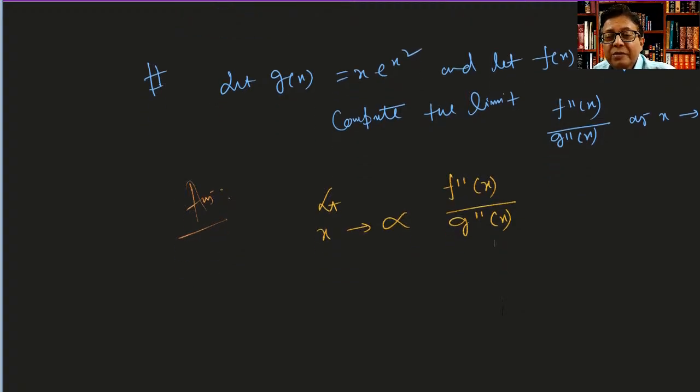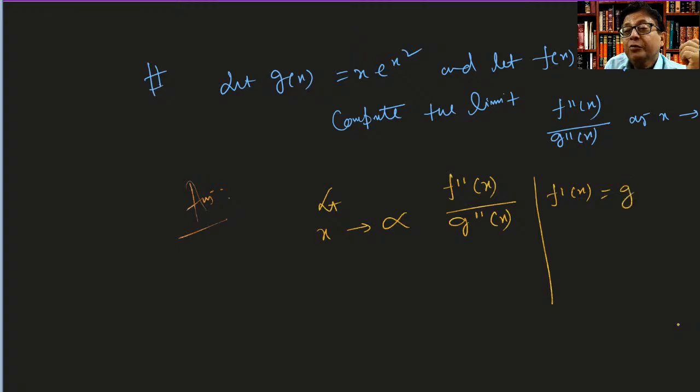Okay. So what you will do here, you simply find f double dash x, you simply find g double dash x, then it's over, and put there. Before doing that, you can check what's going to happen at this spot. f dash x is what? The lower part you don't have to consider.